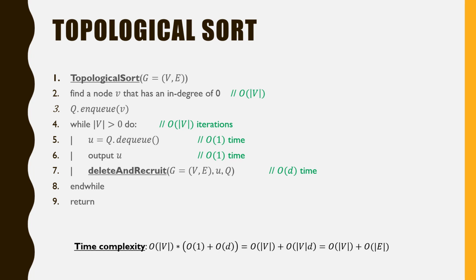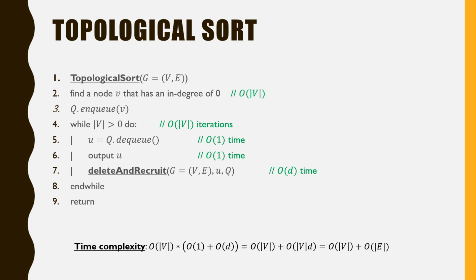In lines 5 and 6, we extract a node U from Q and perform the corresponding task. In line 7, we use the delete and recruit function to remove U from the graph and add newly eligible nodes whose in-degrees become 0, if any, into Q.